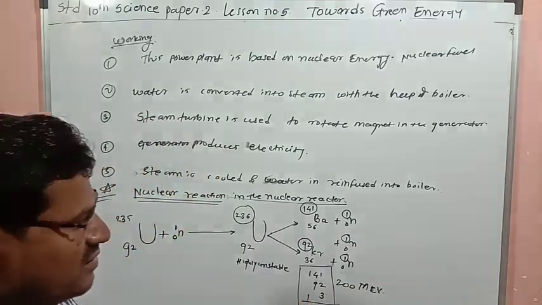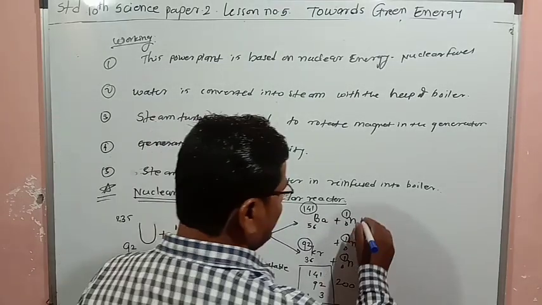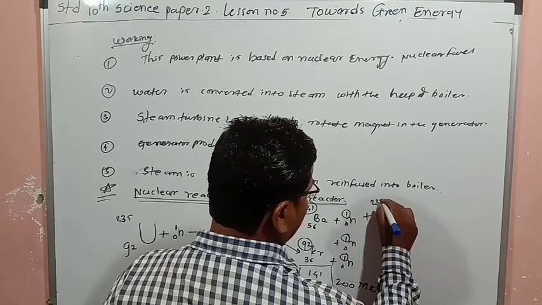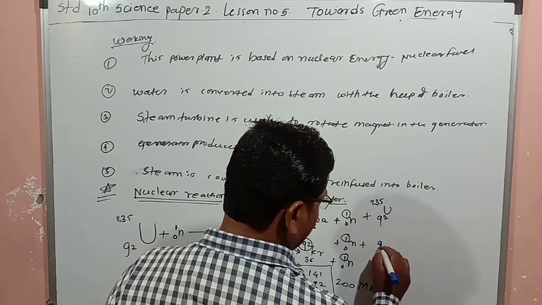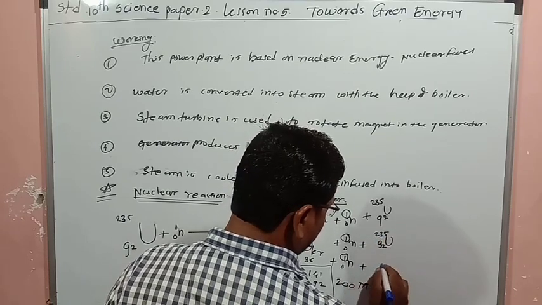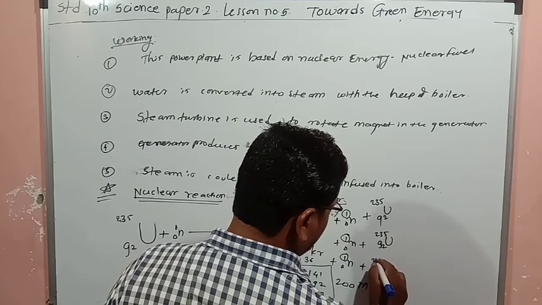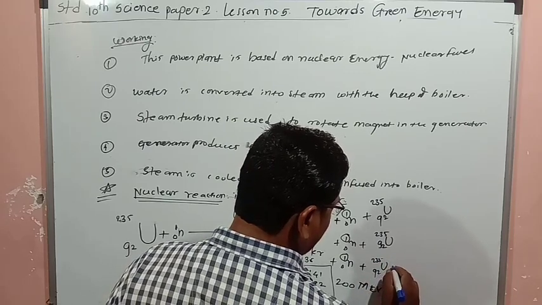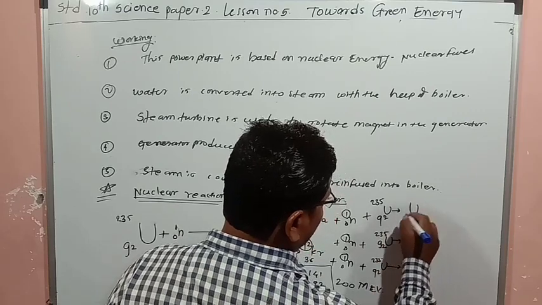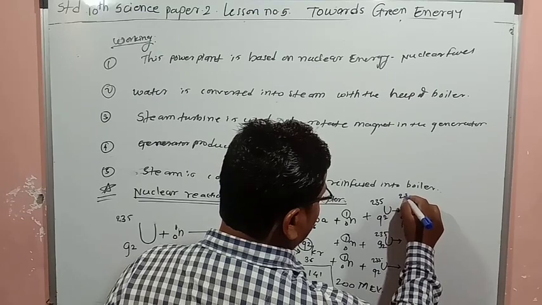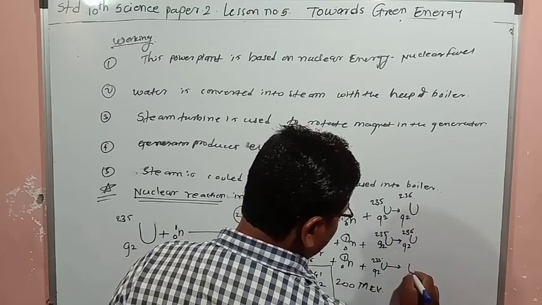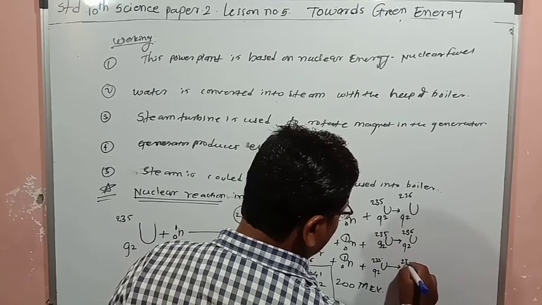Now this reaction does not stop. This neutron again reacts with another uranium 92, 235, and again it becomes unstable, that means uranium 92, 236 in each case.